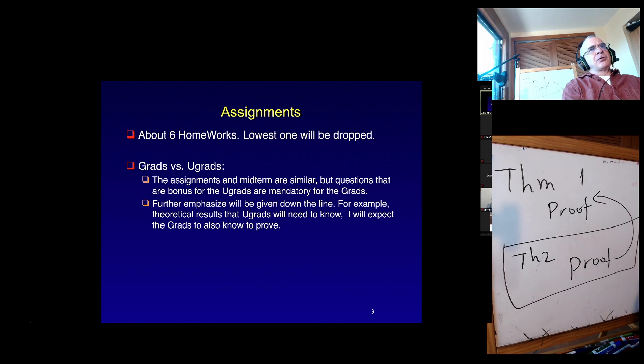We are all over the internet in terms of the resources that we are using. We use D2L to store the videos and to show you the grades that you are getting.